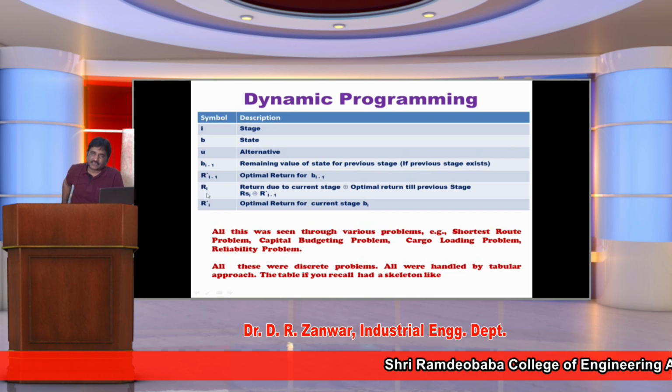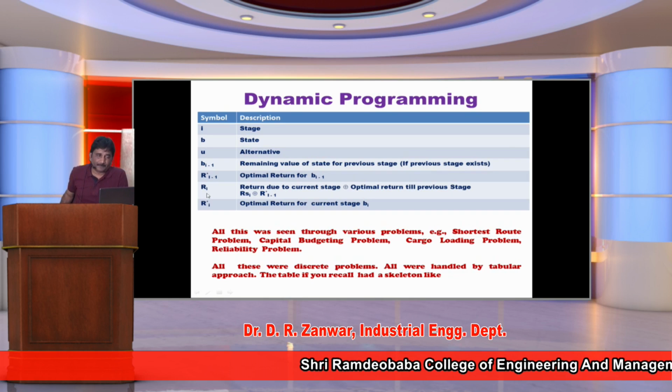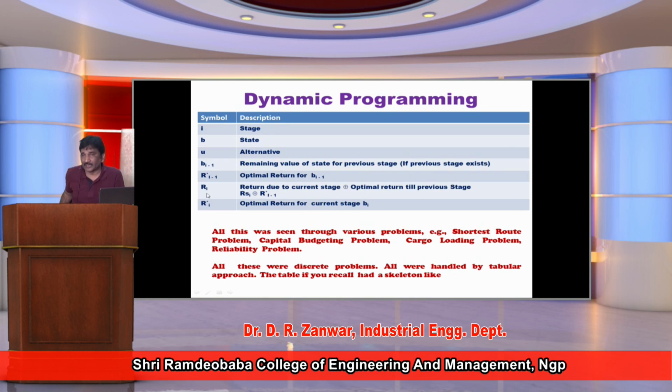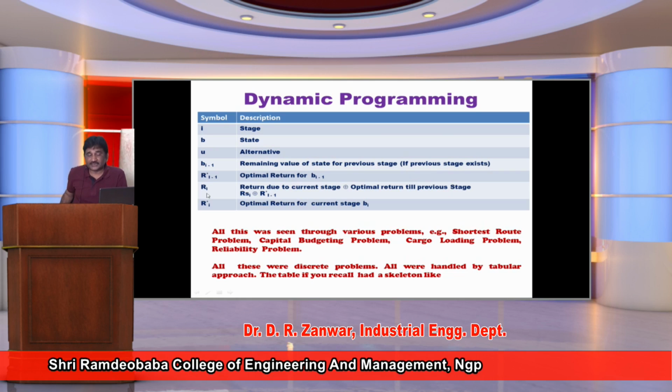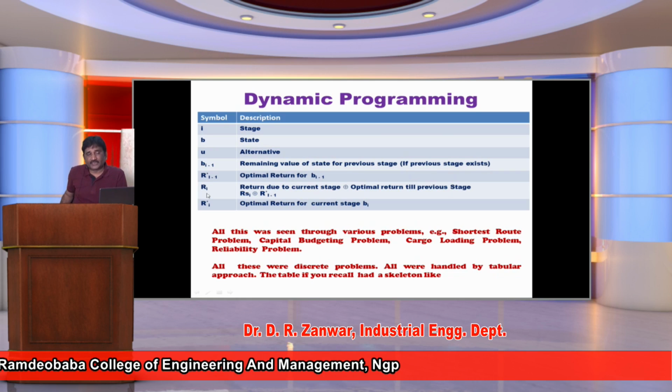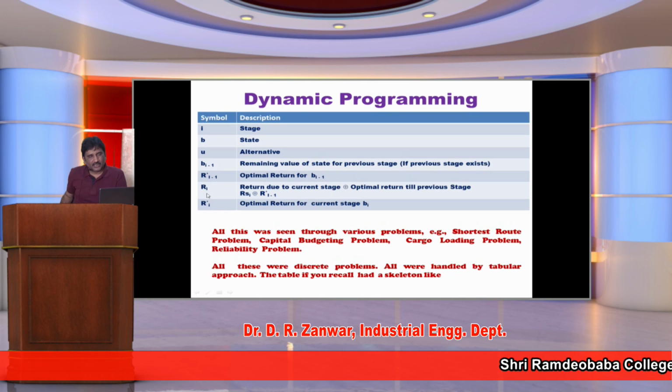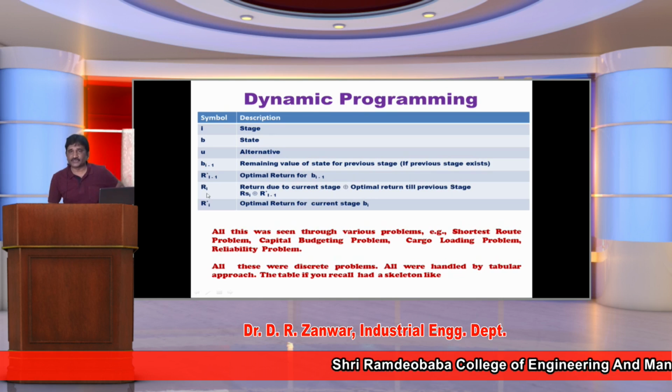R i is the return till the ith stage. It is comprised of two components. One is the return due to the current stage, and another is the optimal return till the previous stage. Mathematically it is written as R S i, where R S stands for return due to the current stage, i stands for the current stage, plus R star i minus 1, the optimal return till the previous stage.